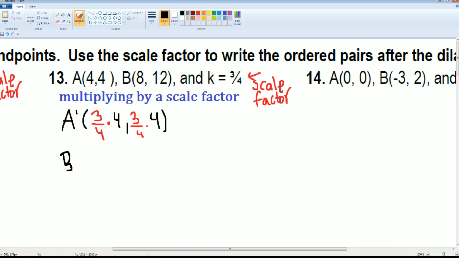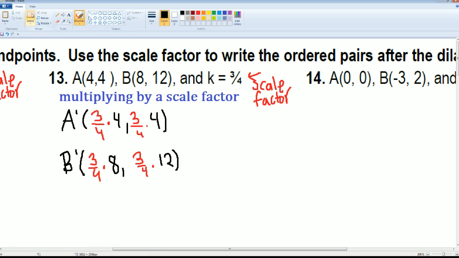B prime: 3/4 times 8, which is the first value in the x. Then the 3/4 is going to be multiplied into the 12.